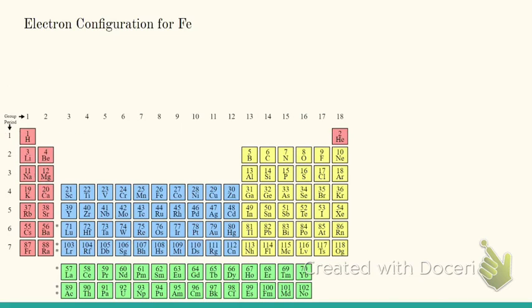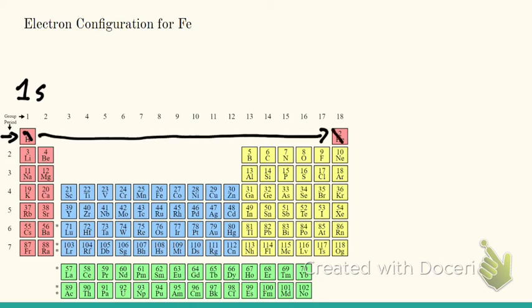All right, now we are going to go to Fe. As always, we start at row 1. We enter into our s block, and it is able to hold 2 electrons, so we get our 1s2. Move on down to our next row. We are now in row 2.